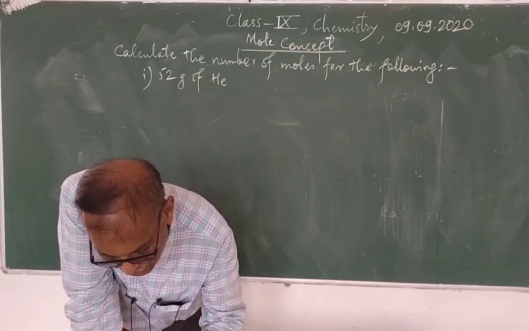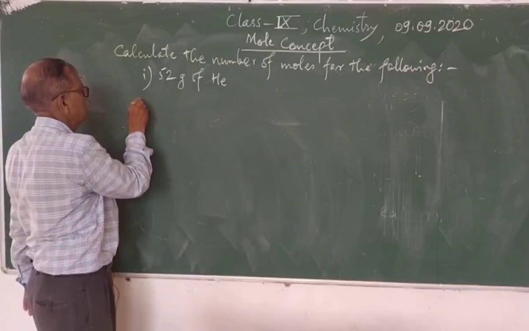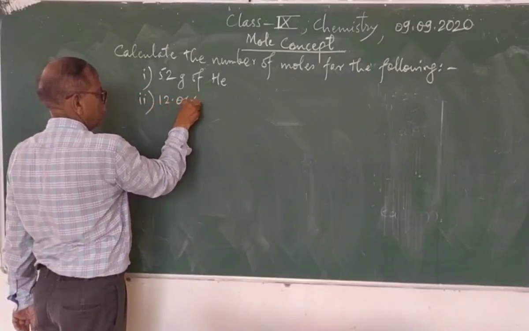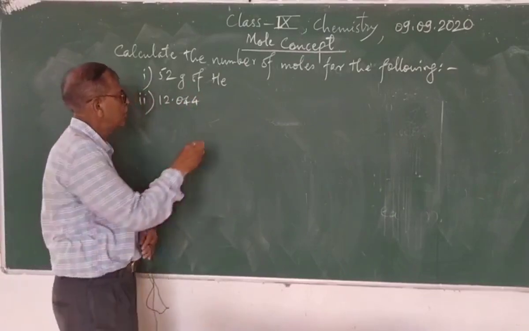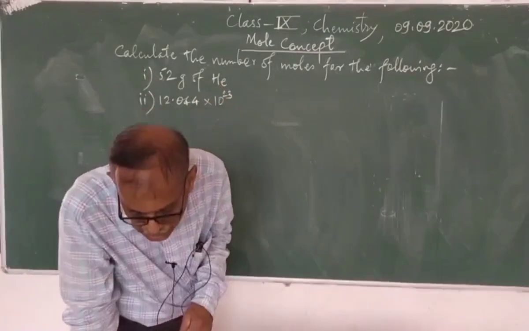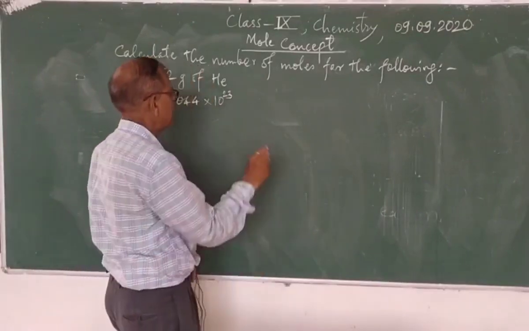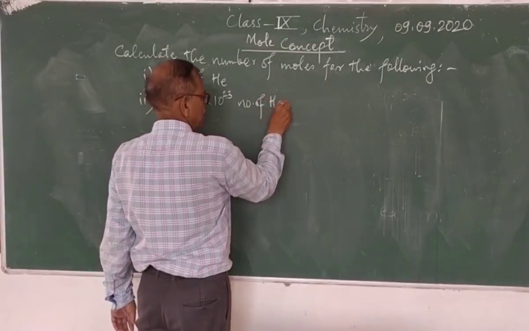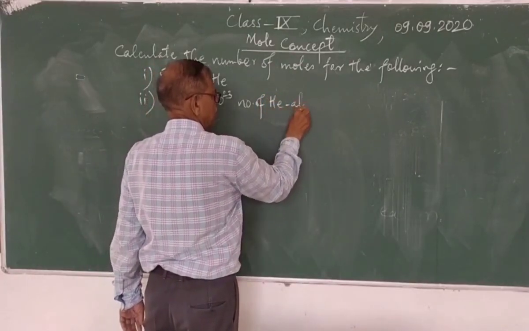And number 2, 12.044 into 10 raised to power 23 number of helium atoms.